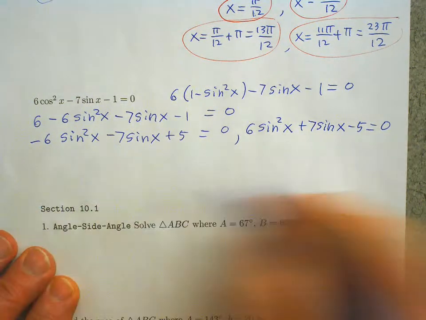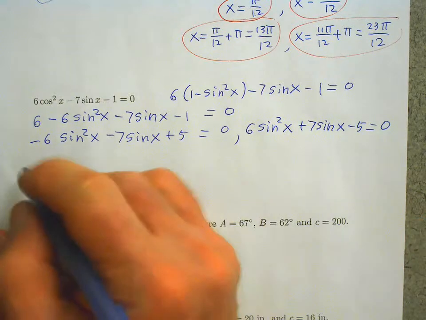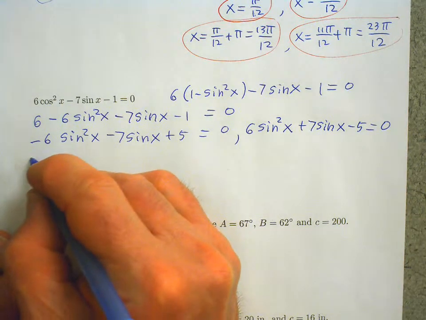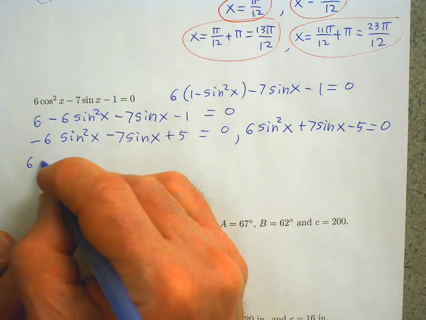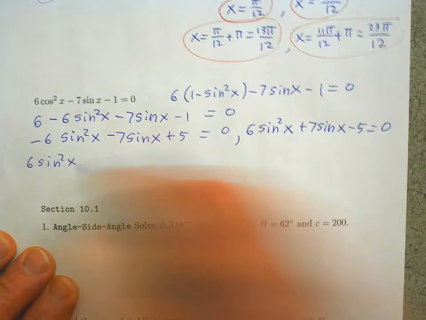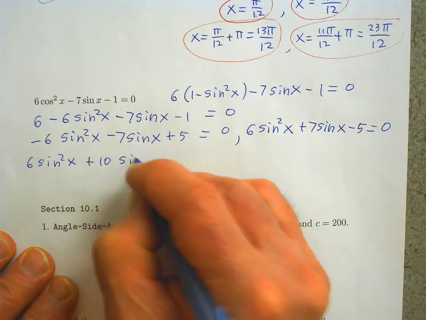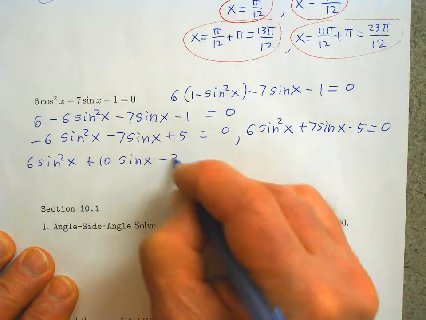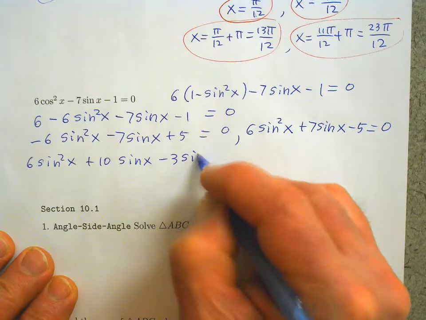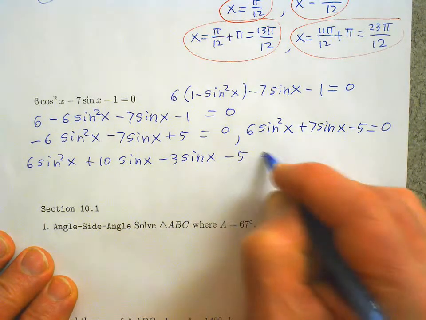And then we can factor by grouping. 6 times sine of x squared plus 10 sine of x minus 3 times sine of x minus 5 equals 0.